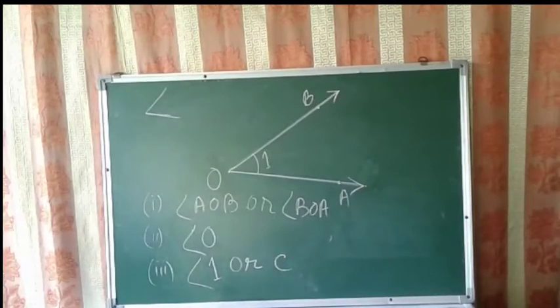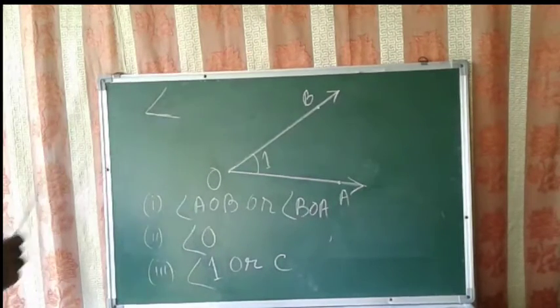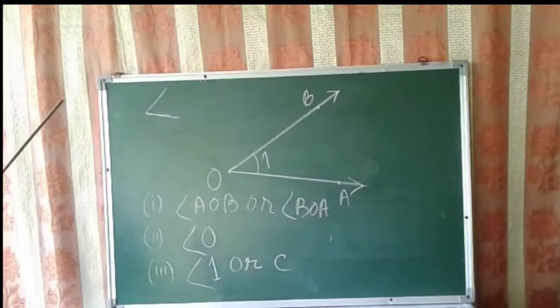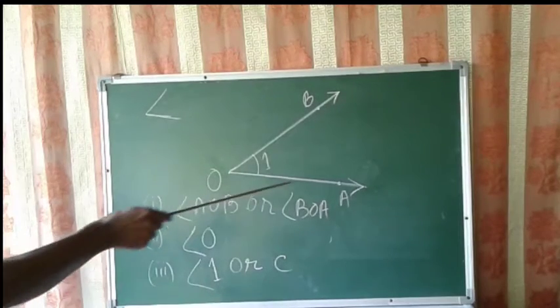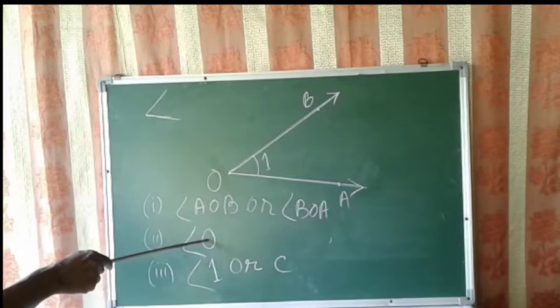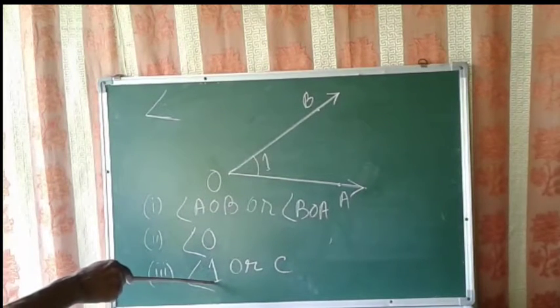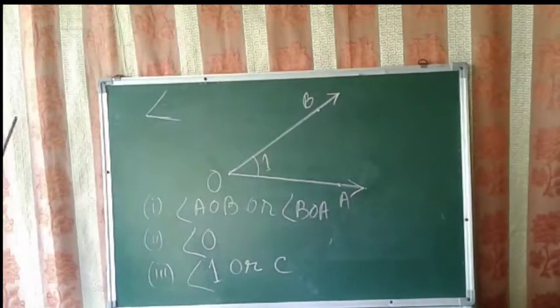Now, naming an angle. An angle may be named in three ways: the three letters method, the single letter method, or the numerical or small letter method.